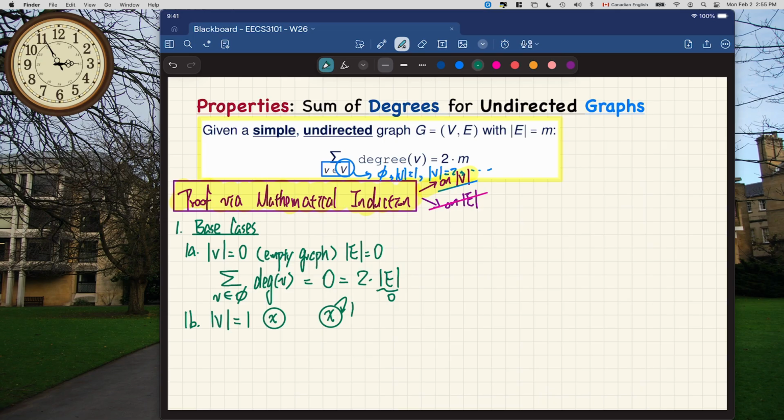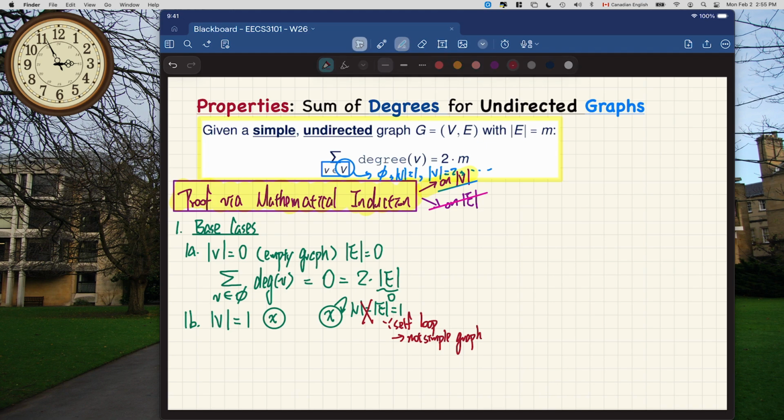So this will make V and also E both equal to 1. However, this will violate our assumption that it is simple. So we shouldn't consider that, right? It's also important for you to know why we are not considering it, okay? So this one, no. Because self-loop. Not simple graph anymore.